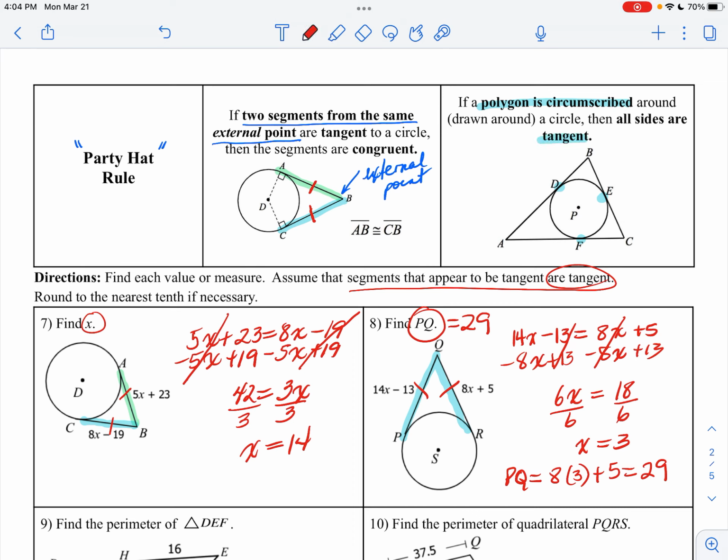So what's going on here? Well, we can use the quote-unquote party hat rule here. So this is congruent to this. There's one party hat. This is congruent to this. There's your other party hat. And this is congruent to this. So in other words, as you go around, you have congruent tangent segments.